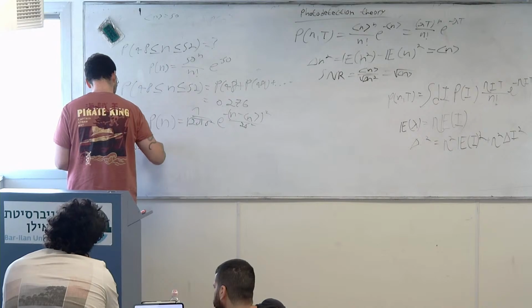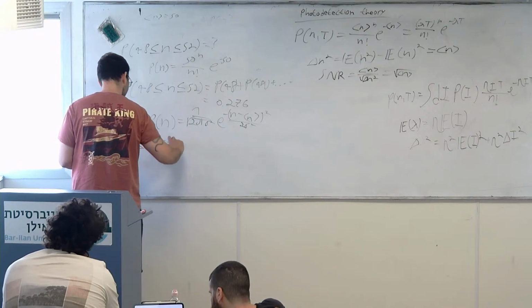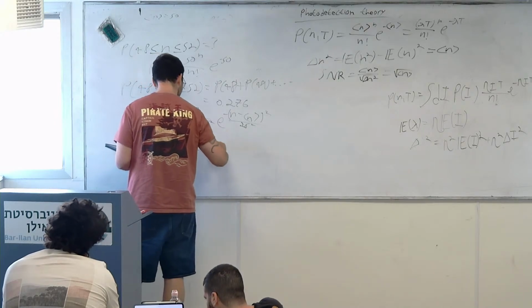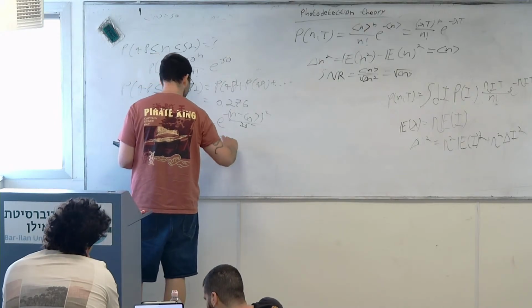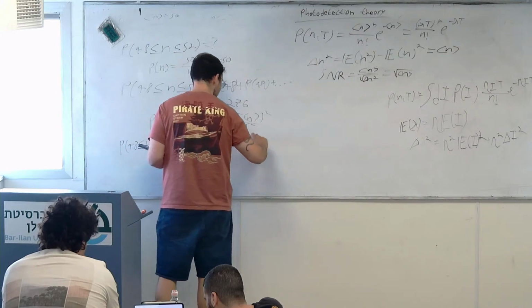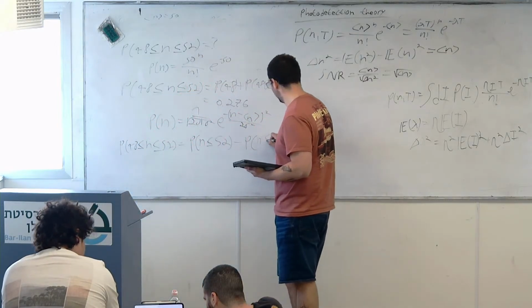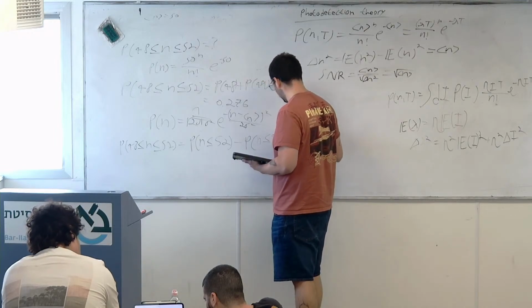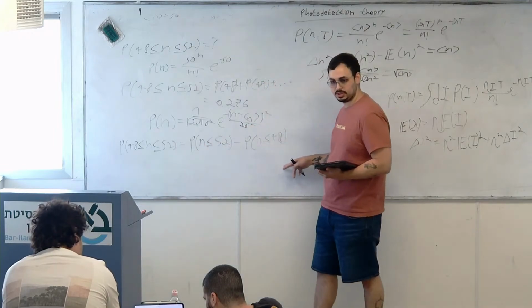Okay? So P between 48 and 52 would be the same as taking P of n smaller or equal to 52 minus P of n smaller or equal to 48. This transition, do you understand this transition?